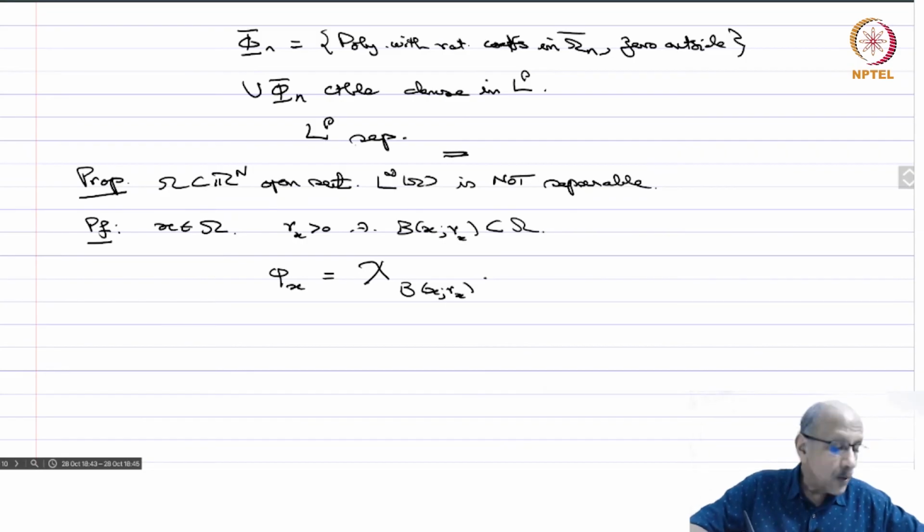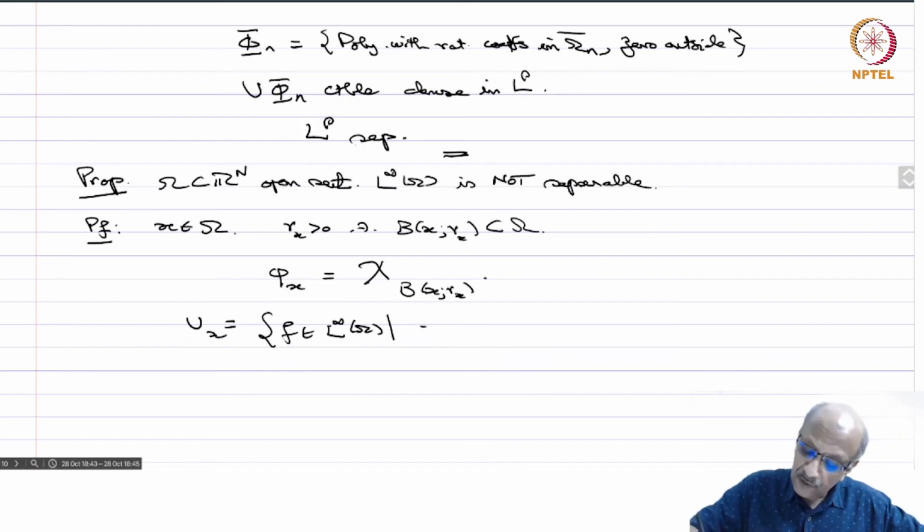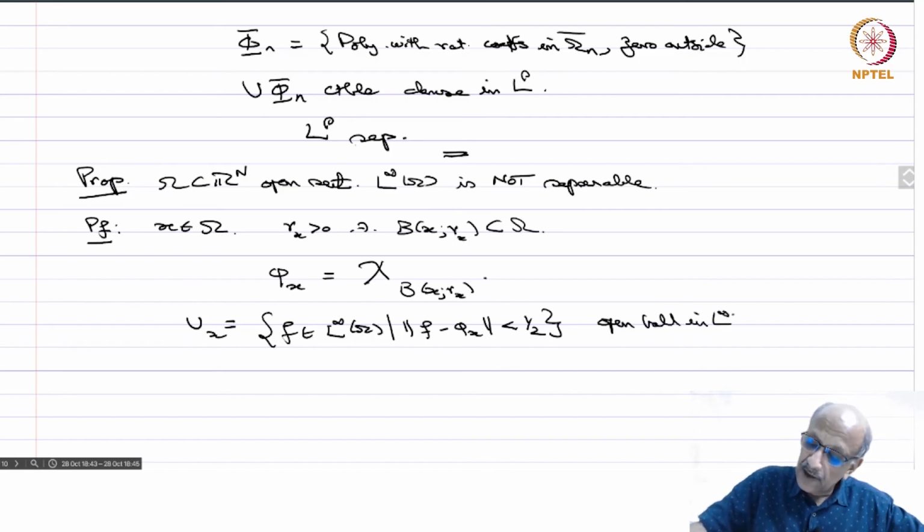Okay, and now I am going to define U_x. So this is equal to the set of all f in L infinity of Omega such that the norm of f minus phi_x is strictly less than half. So this is an open ball in L infinity of Omega, center phi_x, radius half.